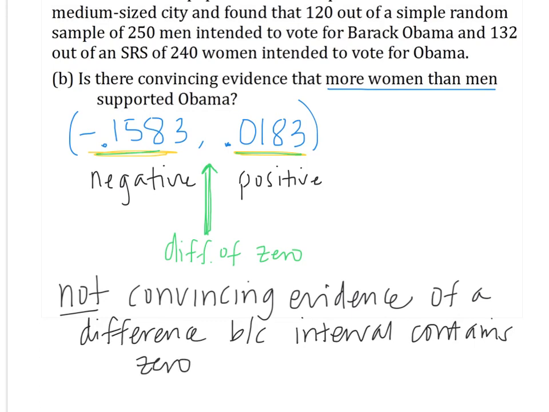Since the interval contains this possibility of no difference, it goes from negative to positive, so 0's in the interval, we don't have convincing evidence that more women than men supported Obama overall.